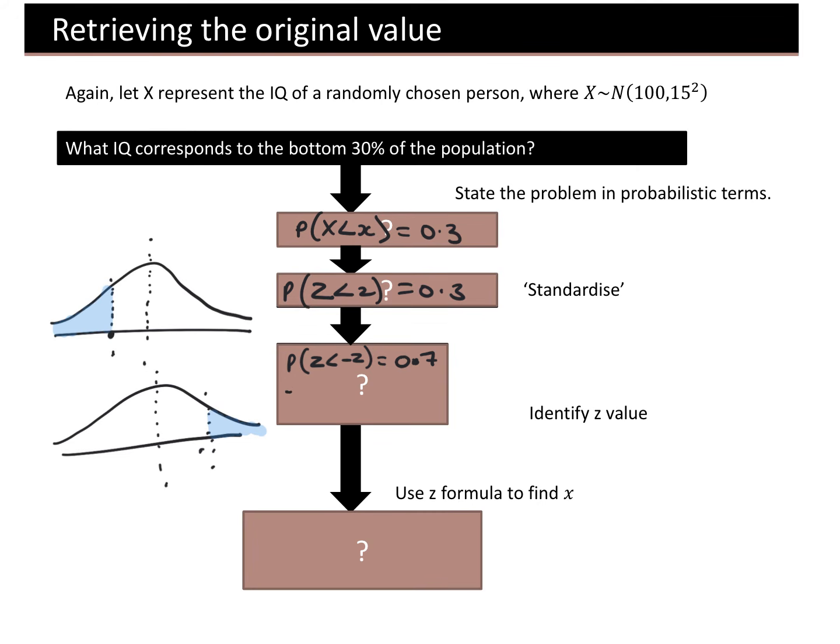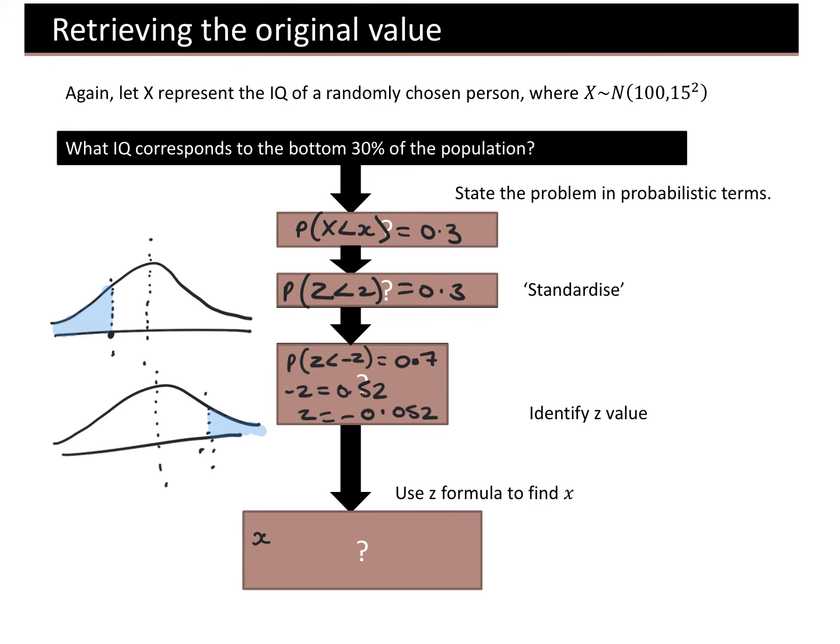So, minus z equals, if I look for 0.7, 0.53? No, 0.52. That means our positive z is minus 0.52 using our symmetry.